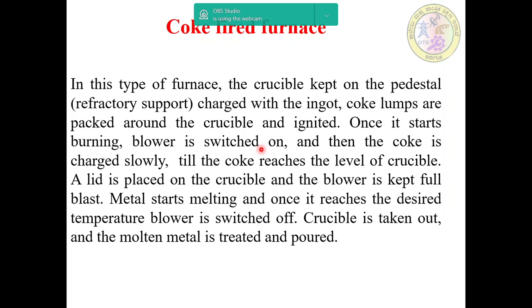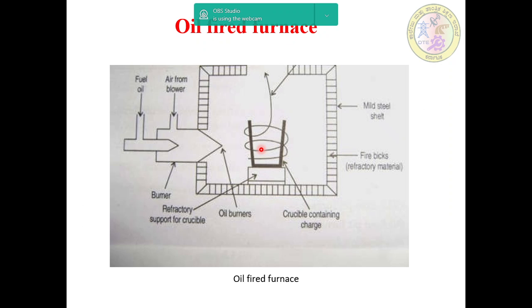Next we will go for the oil-fired furnace. In this type of furnace, the crucible is kept on the pedestal, and above the pedestal you place the crucible, charged with the ingot.